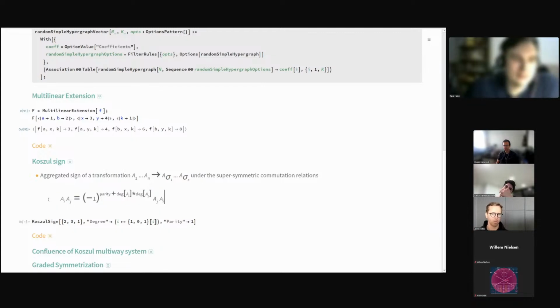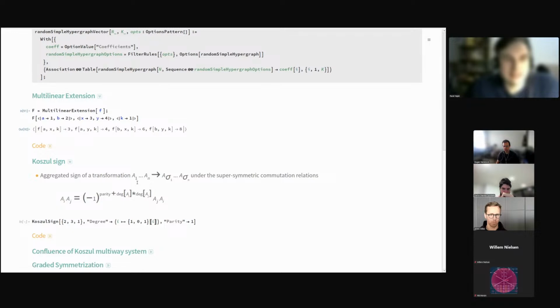Possible supersymmetric commutation relations can, in their generality, look like this. When you have two neighboring elements, you get a sign by commuting them, which depends on some given parity and on the degrees of the symbols in this way.